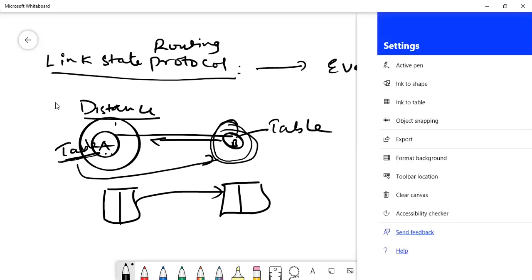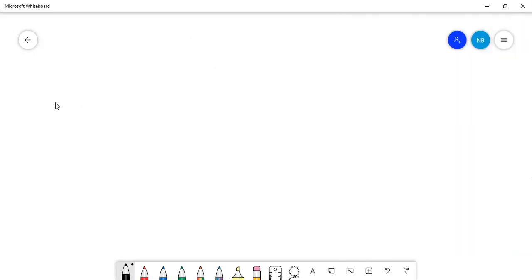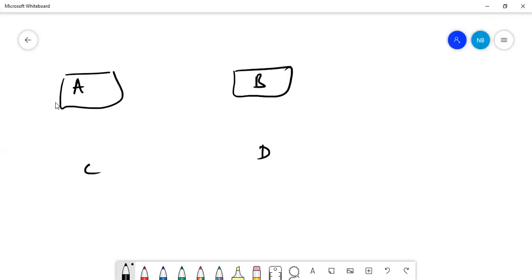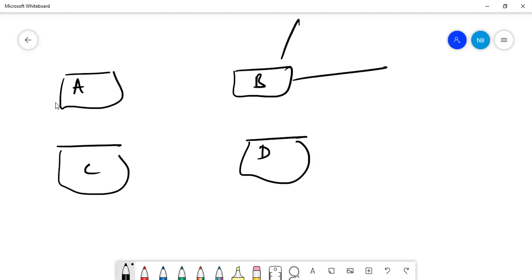Now let us consider link state routing. According to link state routing protocols, we will be considering only routers here. These are all routers, and every router will have many connections in a particular network.